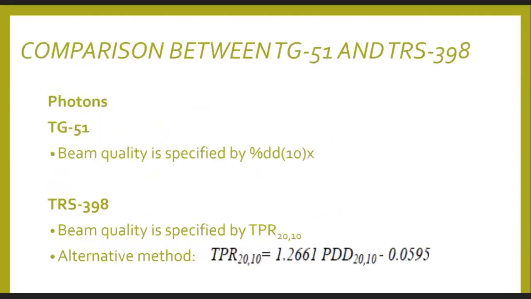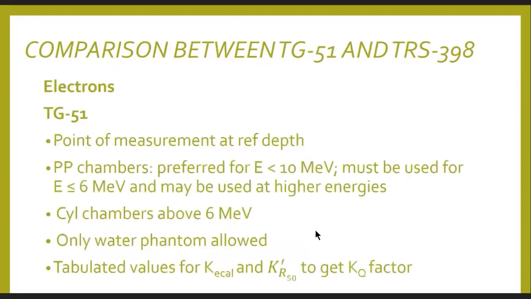The beam quality specifier for TG51 is percent depth dose at 10 cm for the photon component only. For TRS, the beam quality specifier is TPR 20,10, and many users use an alternative method, which is much simpler, to get TPR 20,10 using the PDD 20,10.